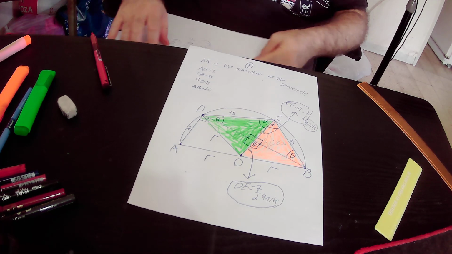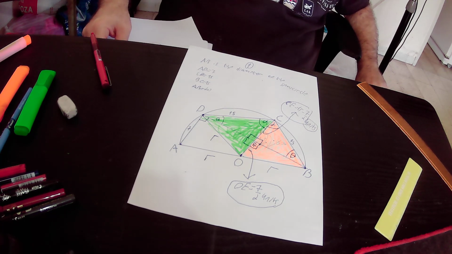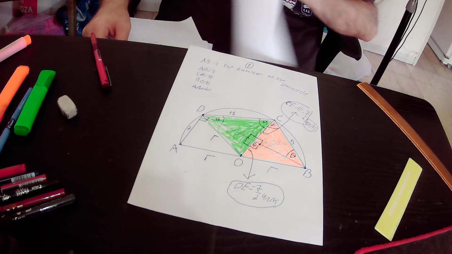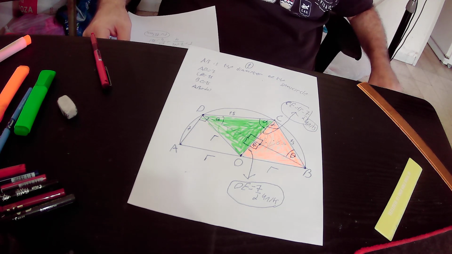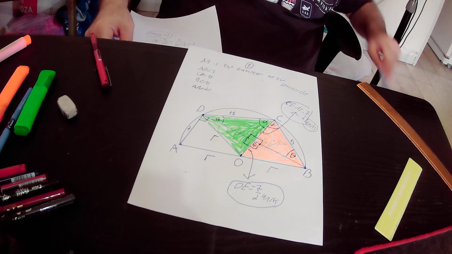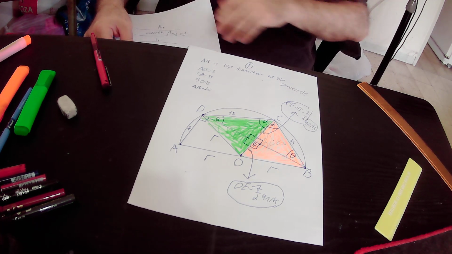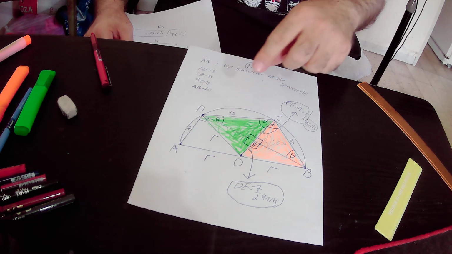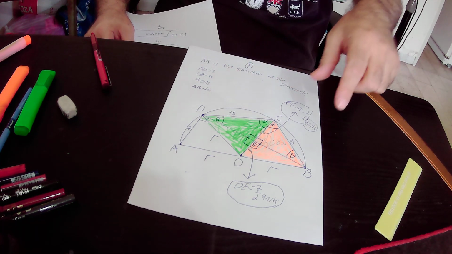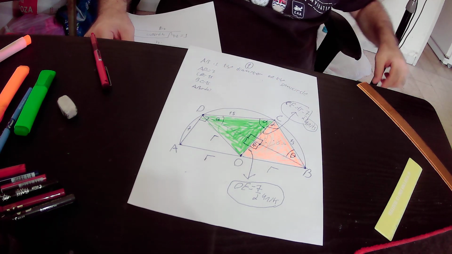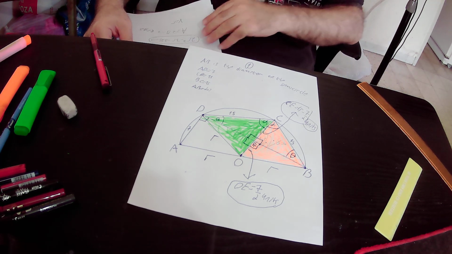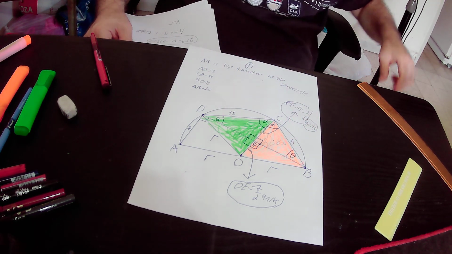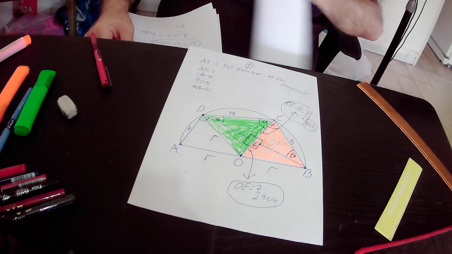Okay, so now I will summarize the lecture. Actually, we wanted to find out the diameter of this semicircle. We know that AD equals 7 units, DC equals 15 units, and CB equals 15 units also. And we want to find out the size of AB. That is, AB is the diameter of this semicircle.